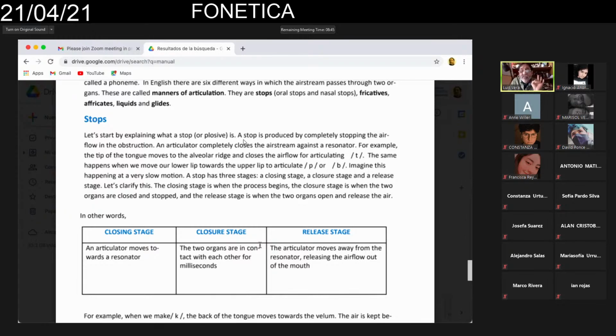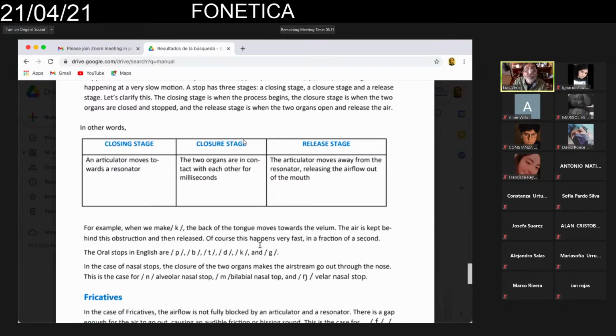And then the articulator moves away from the resonator, releasing the airflow out of the mouth. That's the summary of the whole process. An articulator moves towards a resonator, the two organs are in contact with each other for milliseconds, and then the articulator moves away from the resonator, releasing the airflow out of the mouth.